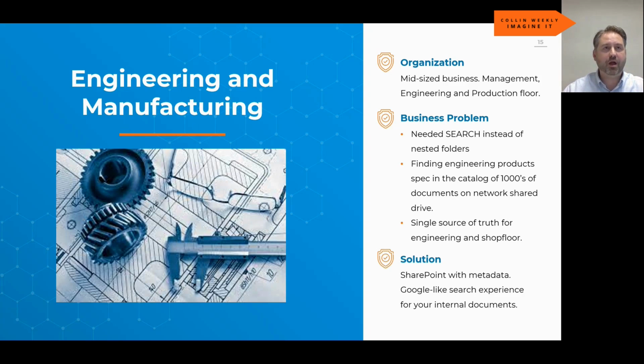So the business problem here was that they needed to be able to search for stuff, because they had tons of different parts that they had run over time. Then they'd have to go back and try to do a revision of a certain part, and they couldn't find what they needed. So they ended up wasting a ton of time looking for their parts. And so that was the case that came to us to figure out how we can solve this.